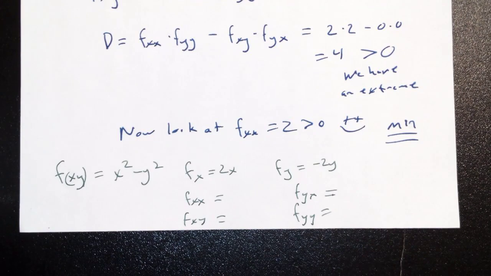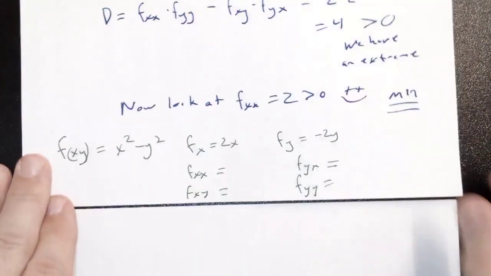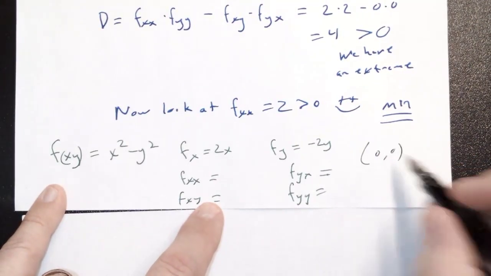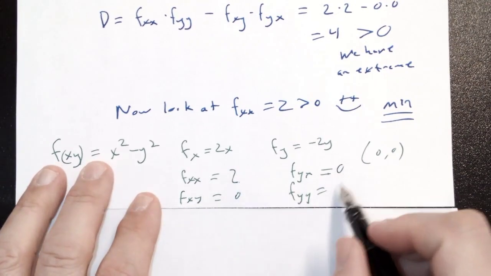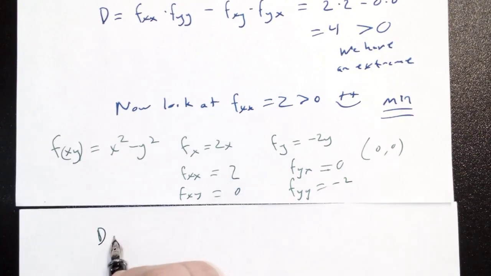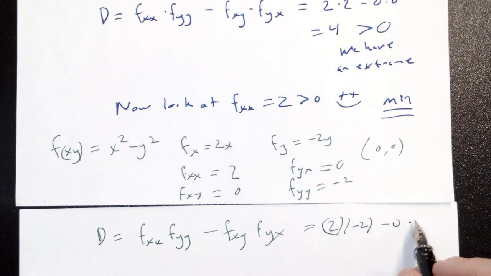What are my second derivatives here? And D equals fxx fyy minus fxy fyx equals 2 times -2 minus 0 times 0.